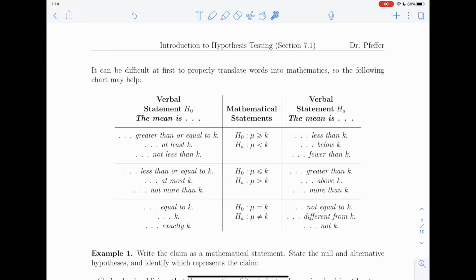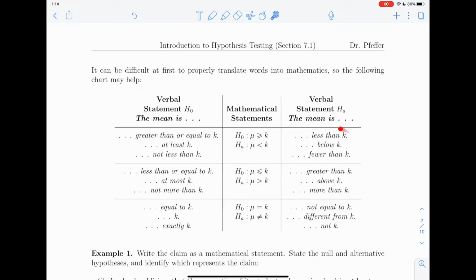There are a couple of ways you can refer to this mathematical representation in English: greater than or equal to k, at least k, not less than k. And the complementary statement is, of course, mu is less than k, not just less than, but strictly less than.